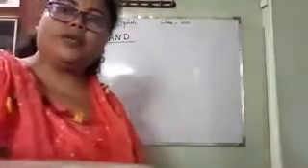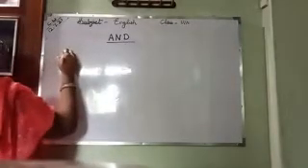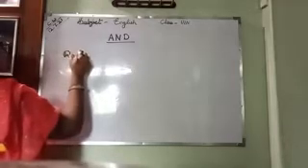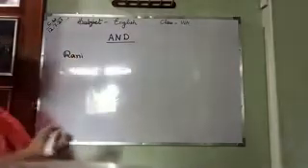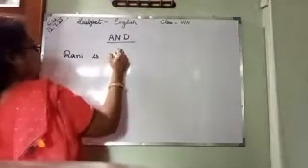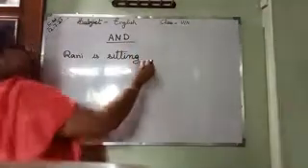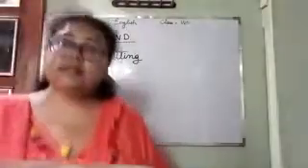Now come to next. Okay. Now see here. Rani is sitting. Okay? Rani is doing what? Rani is sitting.